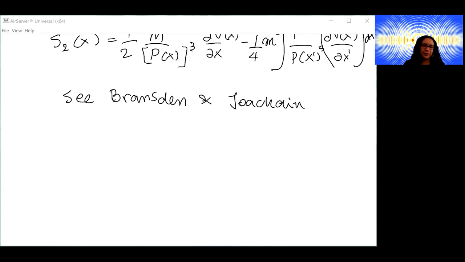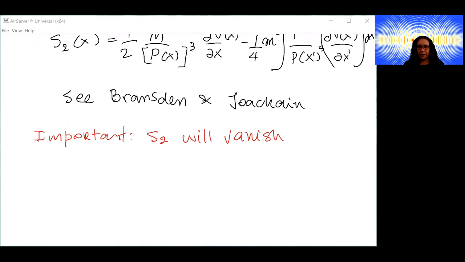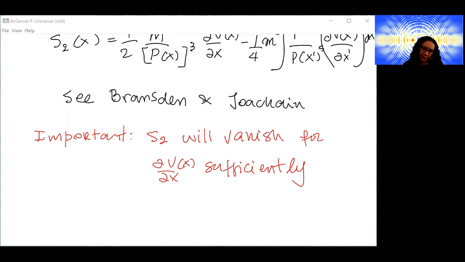And what is important for us here is that S2 will vanish for dV/dx sufficiently small, as long as p(x) is not too close to 0.